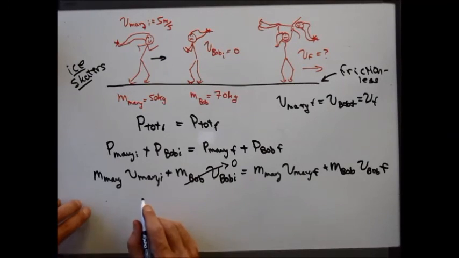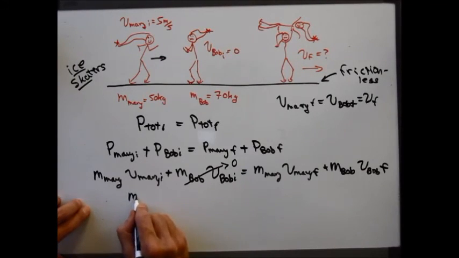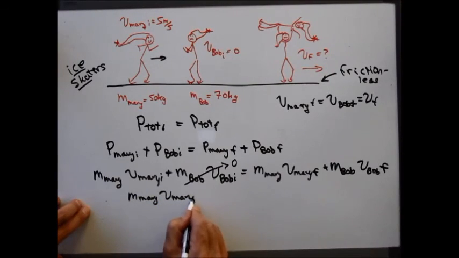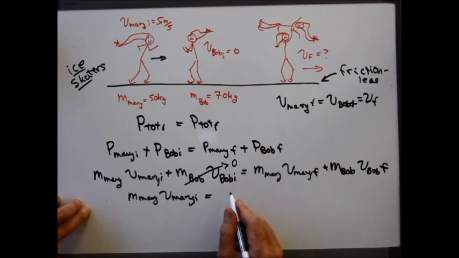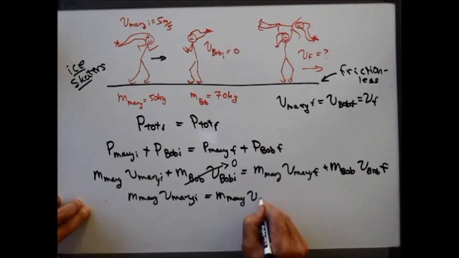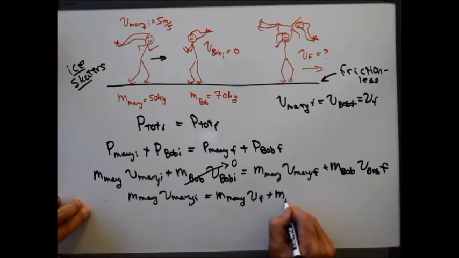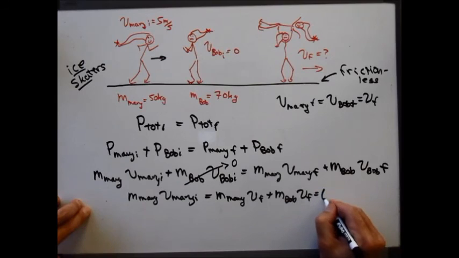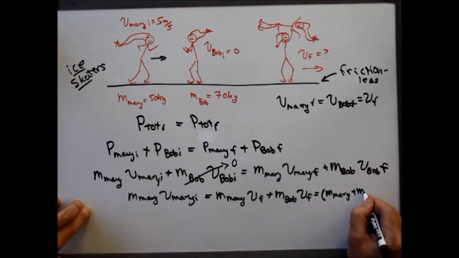And so what this equation now says is, mass of Mary times V Mary initial is equal to, let me just write it this way, mass of Mary times V final plus mass of Bob times V final, or that's just the mass of Mary plus the mass of Bob times V final.